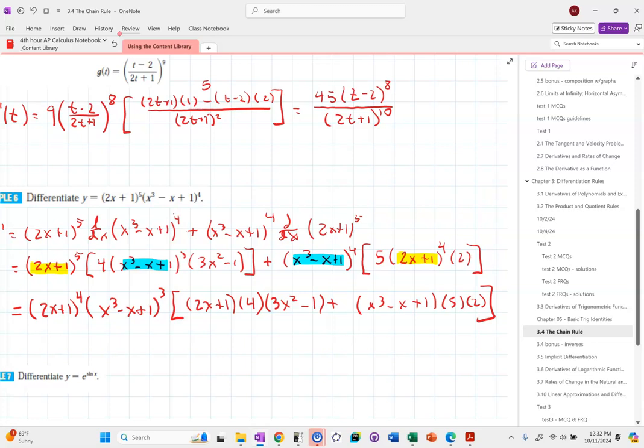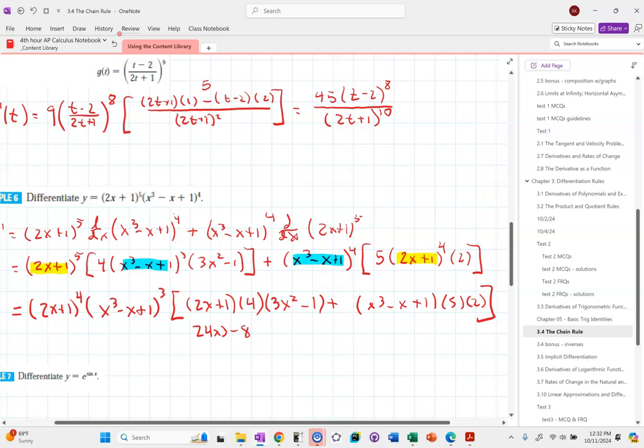So let's see, I have 6x cubed, and then times 4 is 24x cubed. And then I'll have 2x, and then times 4 is negative 2x times 4. And I'll have 3x squared times 1, and then times 4. And then 1 times negative 1, and then times 4.